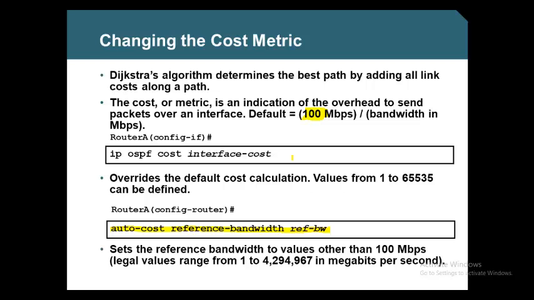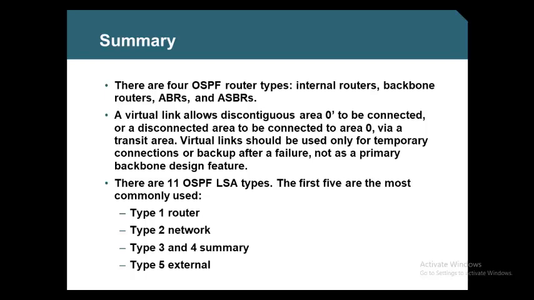In this chapter, we focused on types of LSAs. That is very important. Type 1 router LSA, network LSA type 2, type 3 and 4 summary LSA, type 5 external LSA. And then we saw the difference between E1, E2.